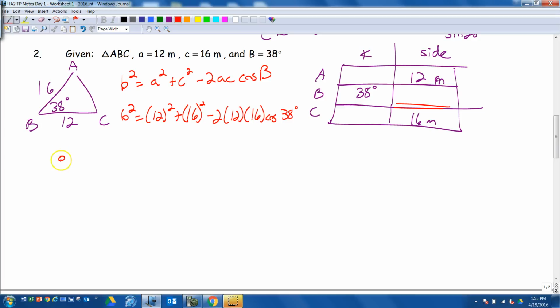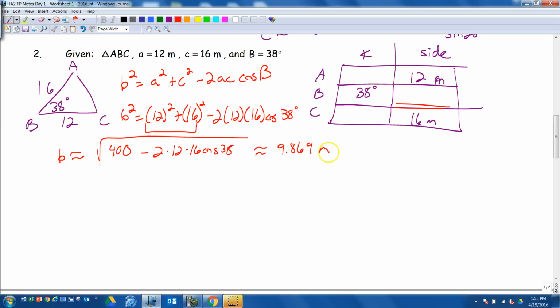So B is approximately the square root of all of that. This whole thing becomes 400, this grouping right there, minus whatever that is. So we get B is approximately 9.869 meters.